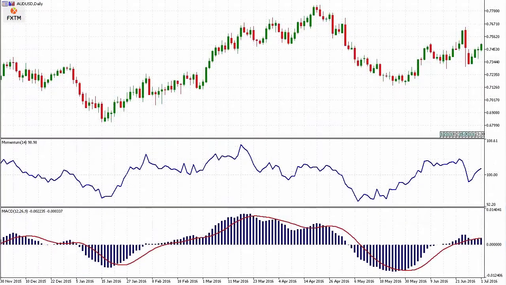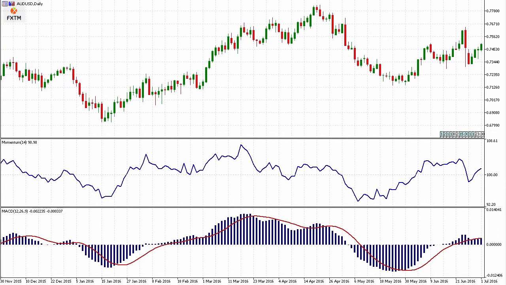Now, as I mentioned at the whiteboard, that cross of the 100% line can be a good trigger for bullish or bearish opportunities. Now that cross can actually be confirmed by other oscillators. The MACD is a common indicator to add to a momentum analysis, and in fact can provide an early warning that we may be getting that cross of the 100% line in the near term.